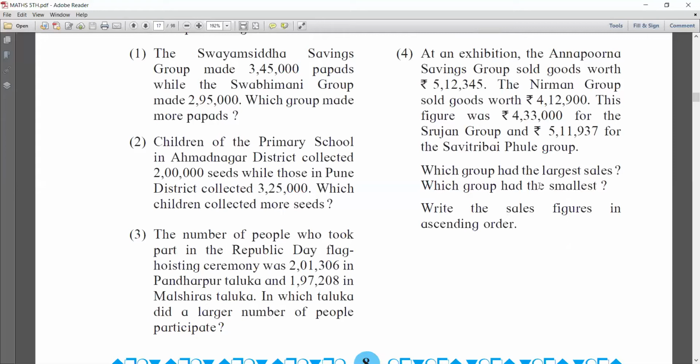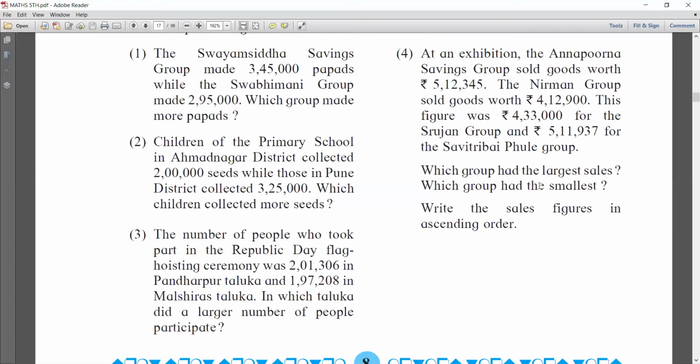And the figure 4,33,000 for the Srujan Group and 5,11,937 for Savitribai Phule. In this, which group had the largest sale? Which group had the smallest? Only the largest and smallest from these four numbers you have to find out. Understood? Write the sales figure in ascending order.